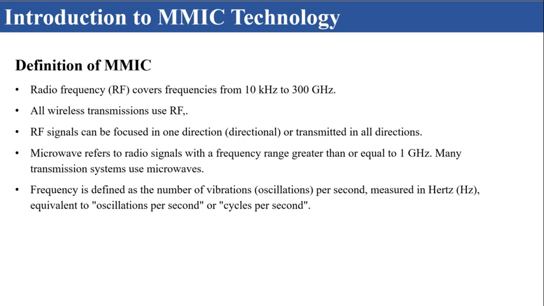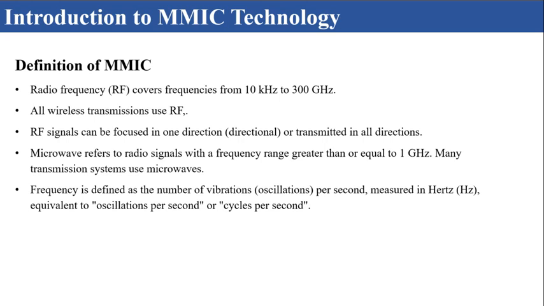Radio frequency refers to a series of frequencies in the electromagnetic spectrum that are higher than the audio range, but lower than infrared light. All wireless transmissions use radio frequency, including AM and FM broadcasting, television, mobile phones, and wireless networks. Radio frequency signals can be focused in one direction or transmitted in all directions.